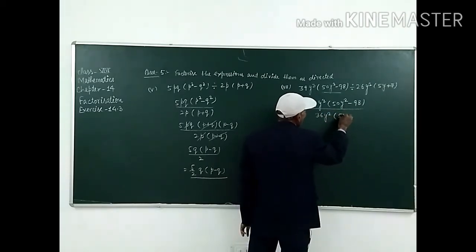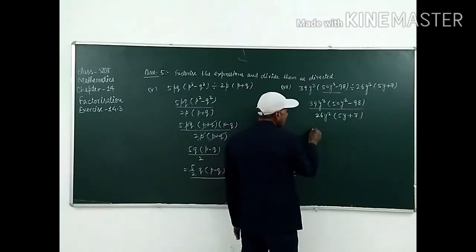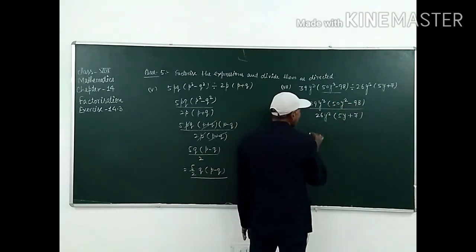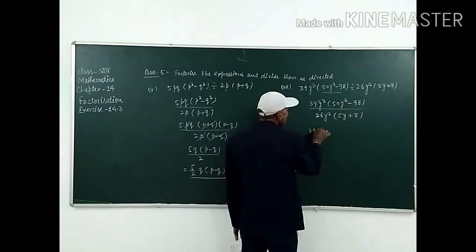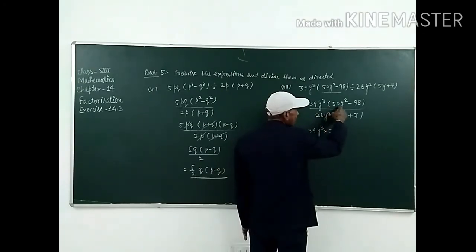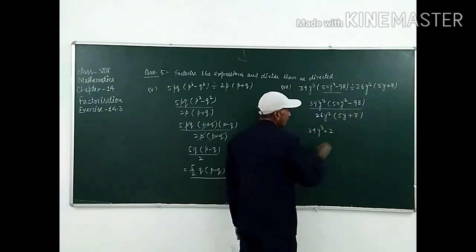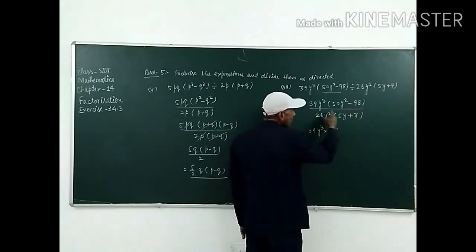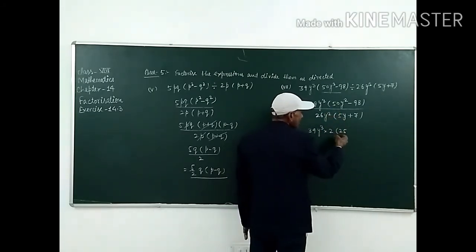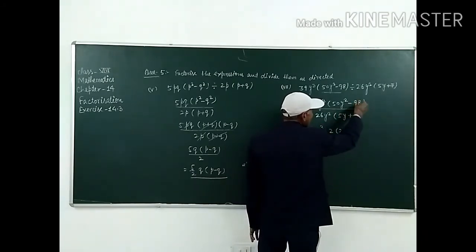into 5y plus 7. Now in this next step students, we have to take common here, that is 39y cube into, after taking 2 as common, student, we have taken 2 as common because in 50 and 98, 2 is common. So take 2 as common. After taking 2 as common, there will be 25, because 25 2s are 50, y square minus this one 98.